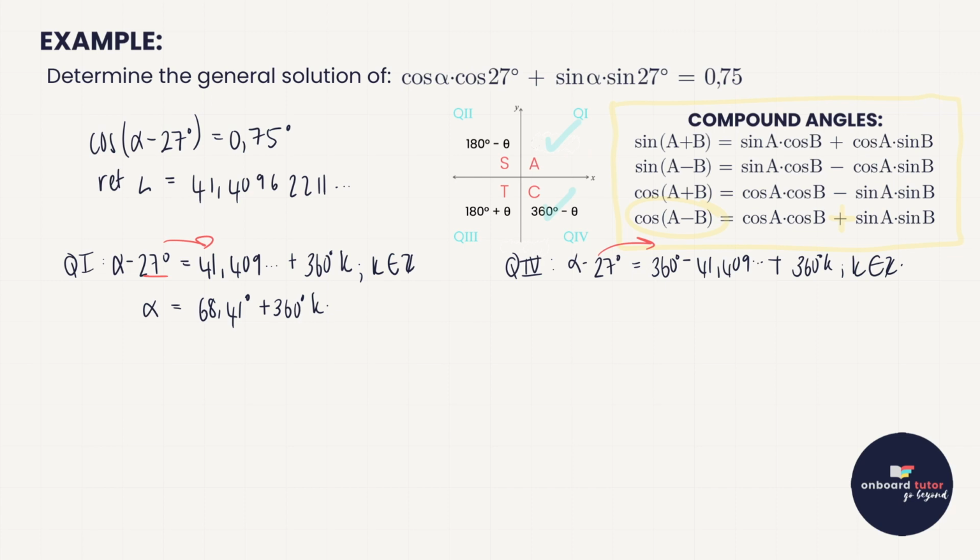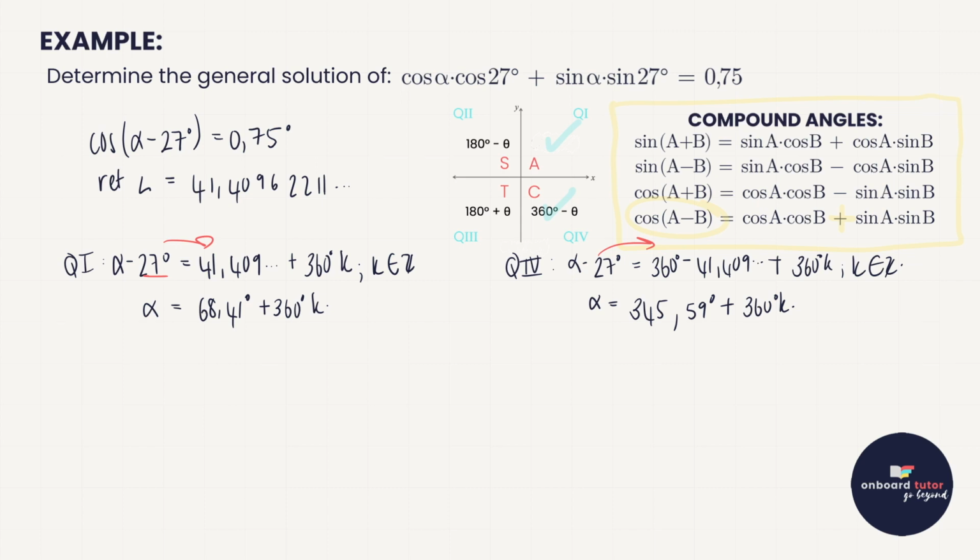And on the other side, we want to say 360 minus and then plus that 27. So typing that all into my calculator, I end up there with alpha is equal to 345,59 degrees plus 360k.